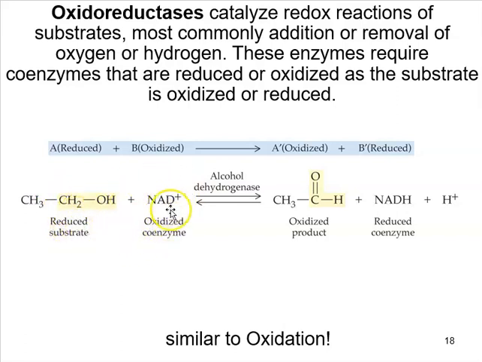We have this NAD+. With this alcohol dehydrogenase, we're going to oxidize this. So then we make this oxidized product, and we have this reduced coenzyme, which we can use for other things or recycle back in this enzyme. So this is similar to an oxidation reaction. The substrate is an alcohol and it dehydrogenates it, so it's an oxidoreductase.